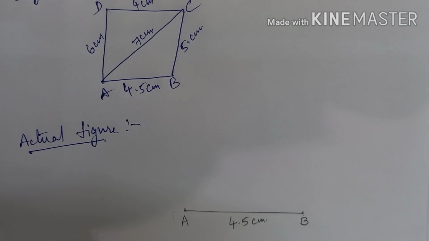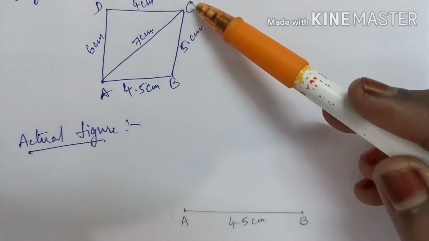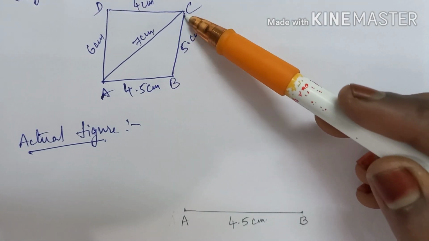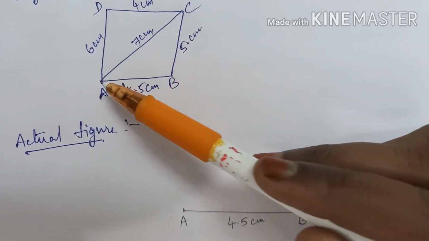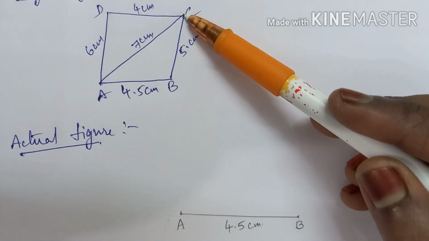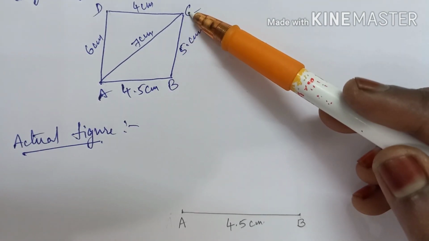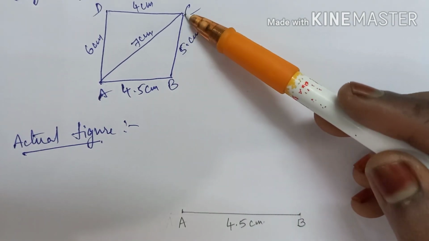Now after drawing the line segment AB, the vertex C will be there. The vertex C we have to find. So the vertex C from A, it is 7 centimeters at distance, and from B it is 5 centimeters distance. So we have to locate the vertex C.